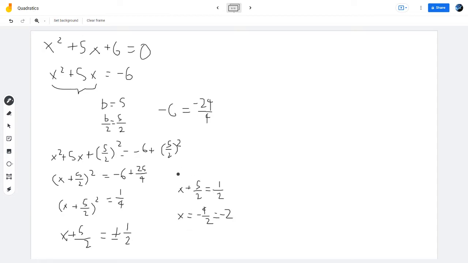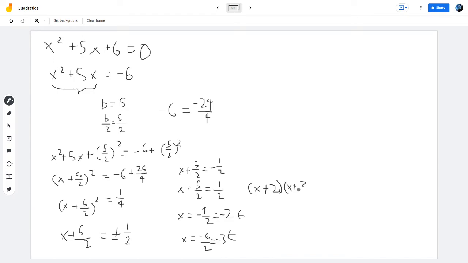Or we can also get x plus 5 over 2 is equal to negative 1/2. So x is equal to negative 6 over 2, which equals negative 3. And of course, now we have our solutions, negative 2 and negative 3. And if you want to factor this, we just have x plus 2, x plus 3.